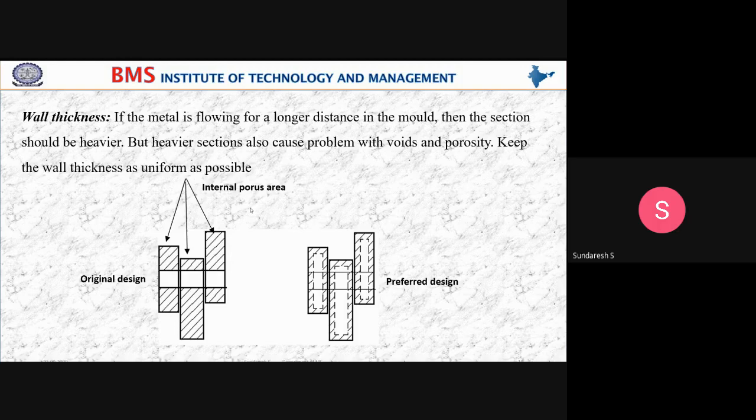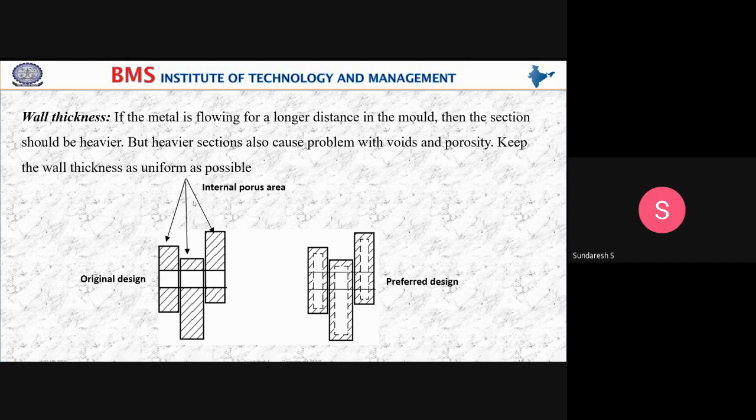The wall thickness across each and every casting component should be uniform.